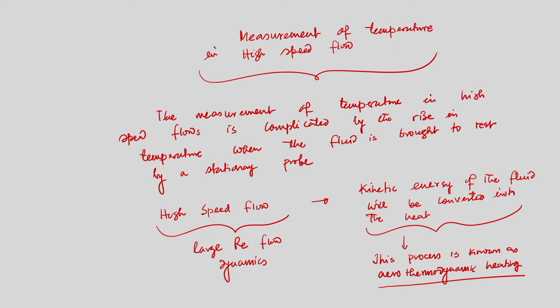So, if we put a probe in a high speed flow field, the placing of the probe will decelerate the flow velocity, and there will be a conversion of energy from kinetic energy to heat energy, and as a result there will be a rise in temperature. This rise in temperature makes the measurement of temperature in high speed flow a very complicated task.